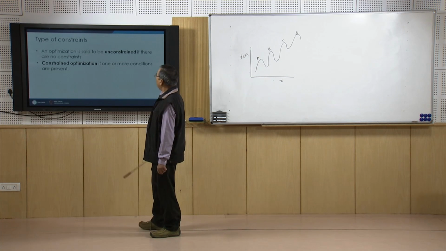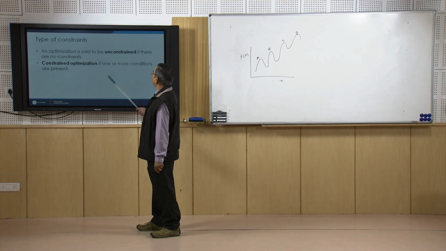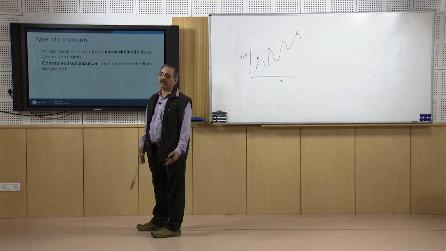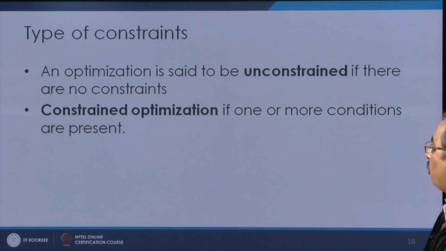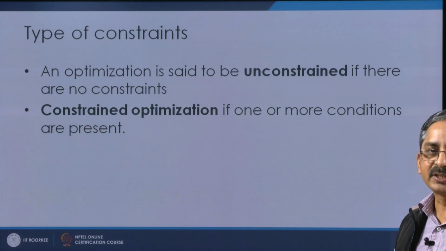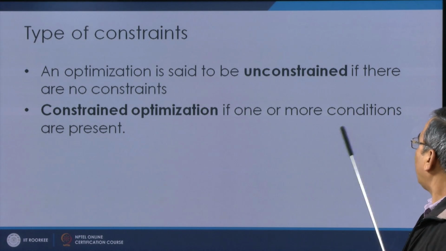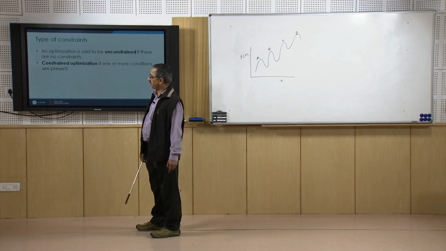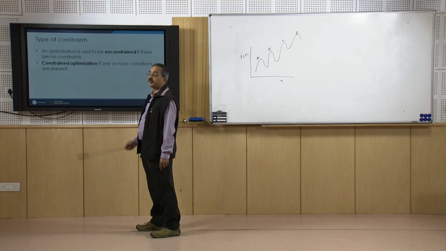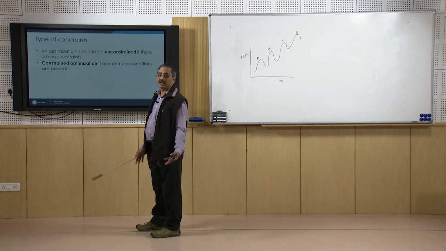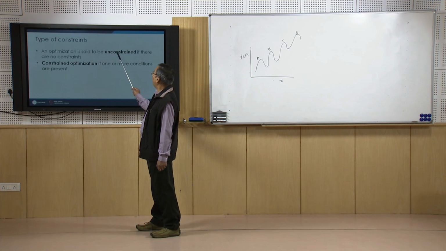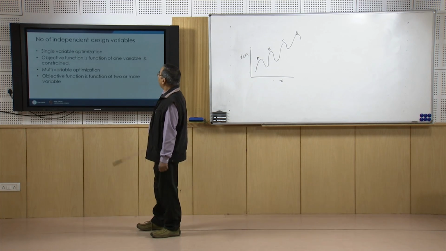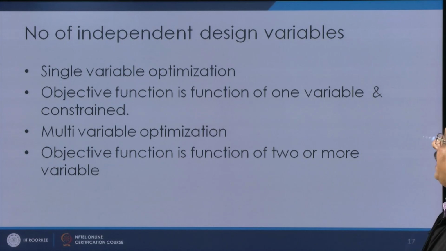An optimization problem could be a constrained optimization problem if one or more constraints are present, and if there are no constraints, then we call it an unconstrained optimization problem.